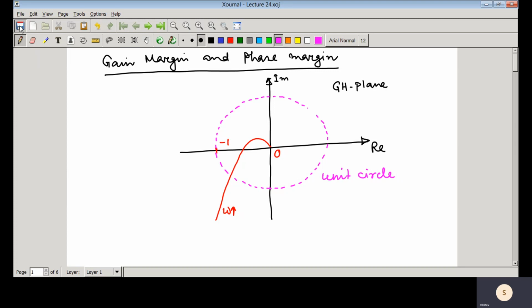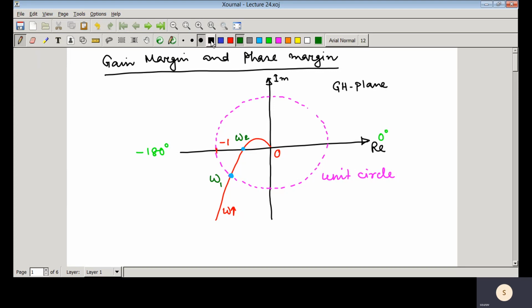Then we can see that this is a point and this is another point, and we know that this particular axis is the -180 degree axis and this is the 0 degree axis. This is one frequency. Suppose this is omega 1, and this is omega 2. At omega 1, this Nyquist plot cuts the unit circle.